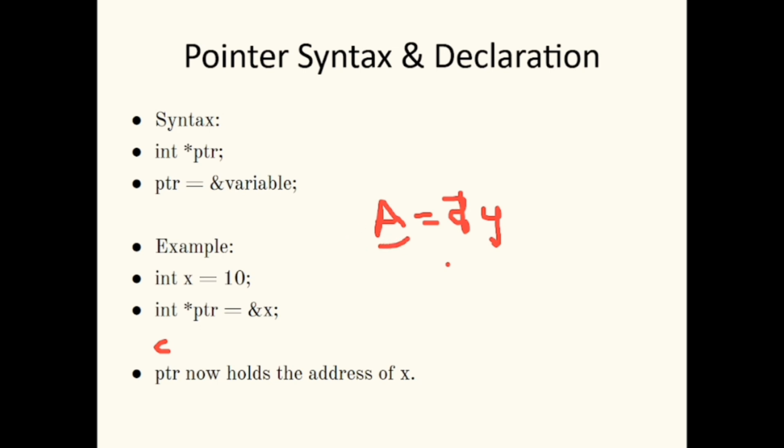This a is not able to store the address of y, because only a pointer can store the address of a value. A normal variable cannot store the address of a variable.